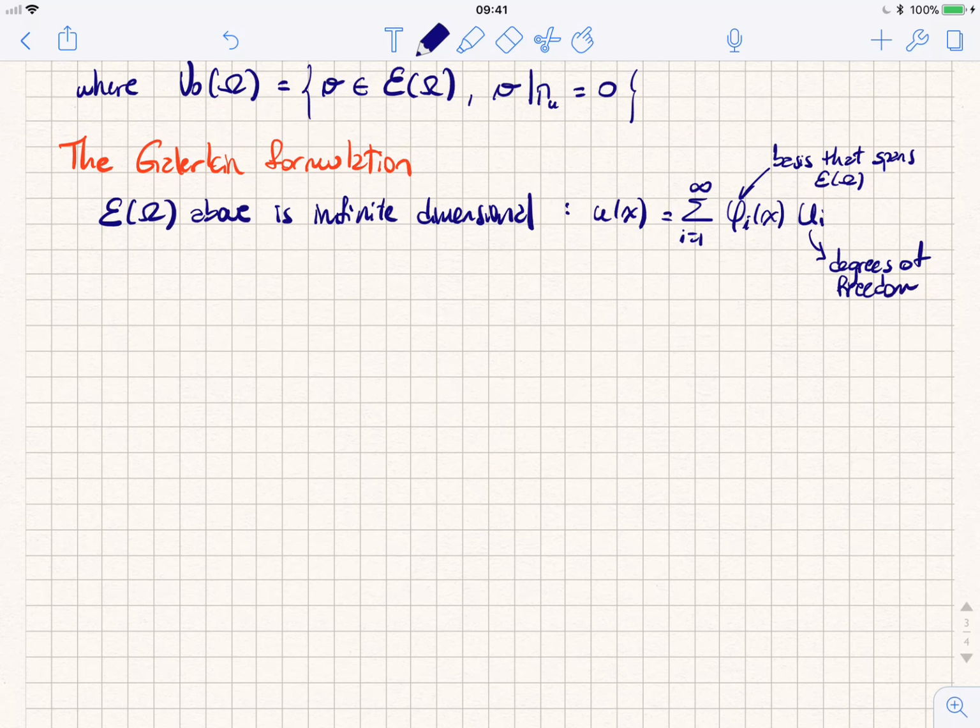And from now on, I normally call this DOFs, common terminology in the finite element world.